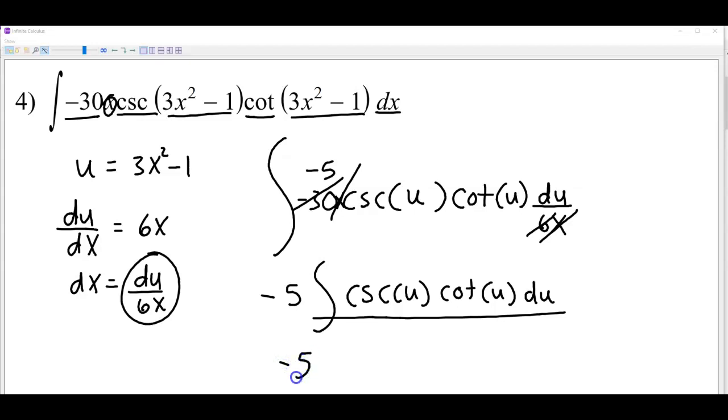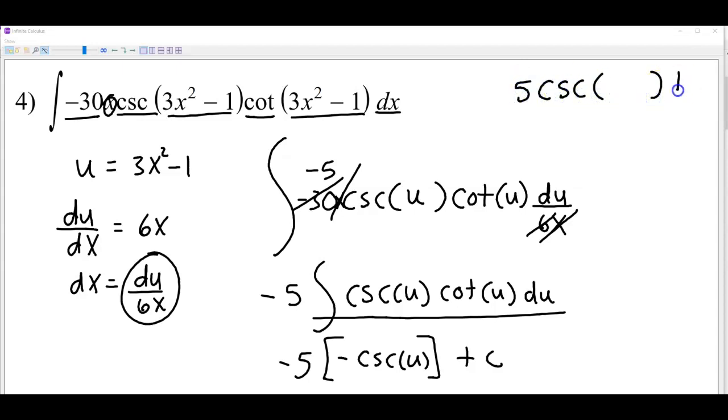That one actually is negative cosecant. And then negative 5 times negative 1 is going to leave us with a positive 5 cosecant. And then instead of u, we'll put back what the u equals, which is 3x squared minus 1. And so there's the answer to number 4.